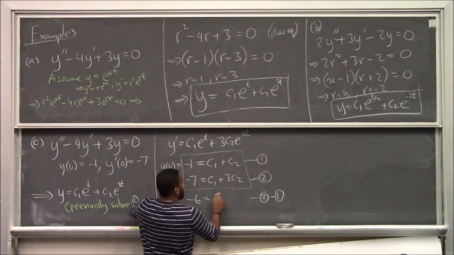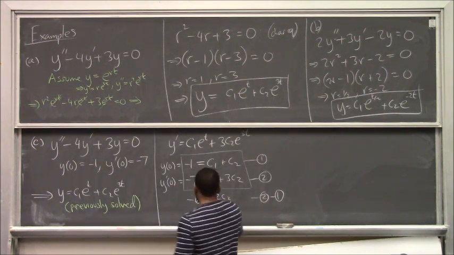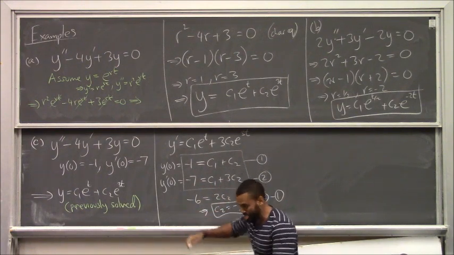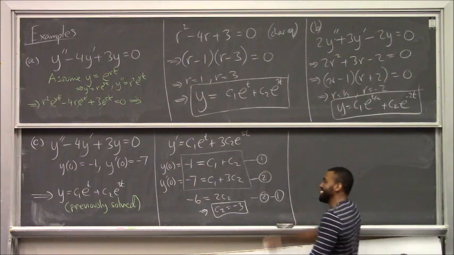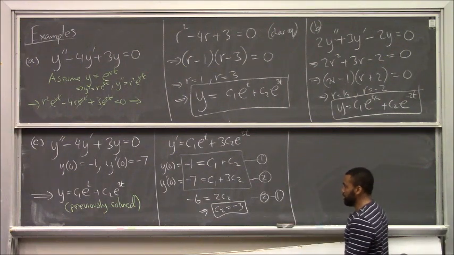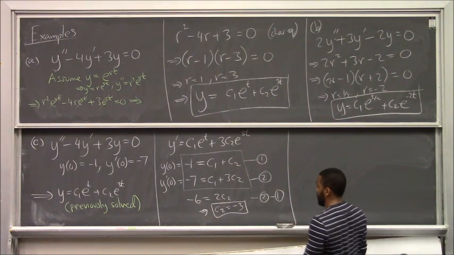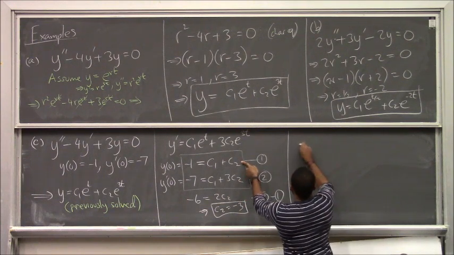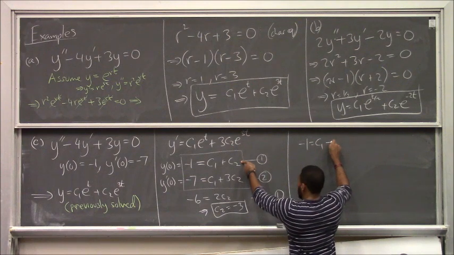We have 2c2 equals minus 6. I could set up a matrix and do Gaussian elimination, but there's no need. So your C2 equals minus 3. Now all I have to do is plug it in here. So minus 1 equals C1 minus 3.